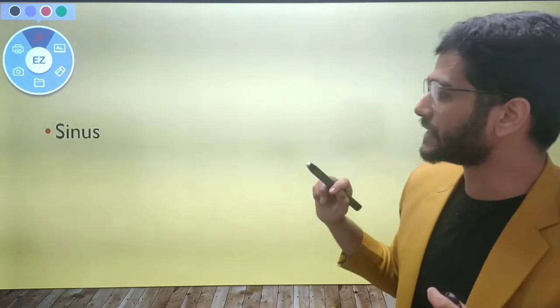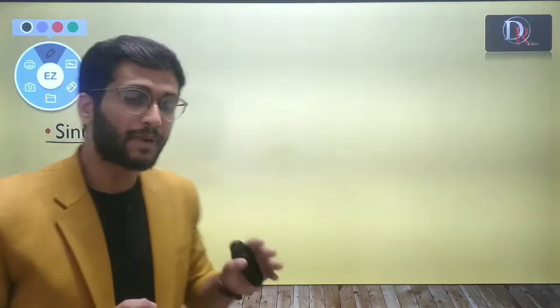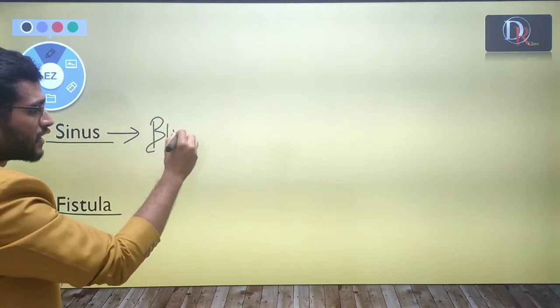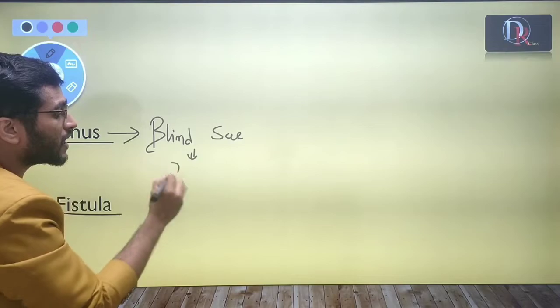So let's look next. The next terms are sinus and fistula. Sinus and fistula are related terms, but the sinus is a blind tract. A sinus is a blind sac or tract with a single opening.